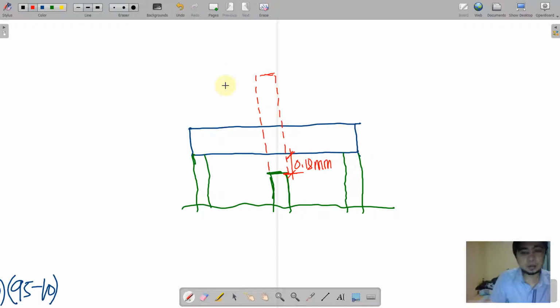Okay, so I am going to label this as delta T of the aluminum, which was computed to be equal to 1.47.